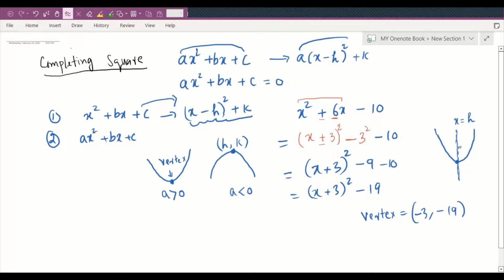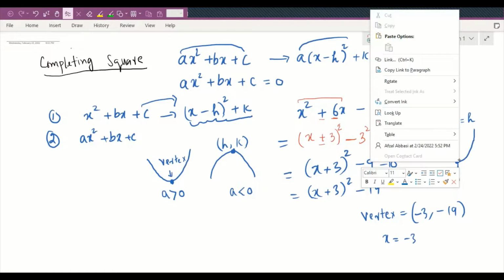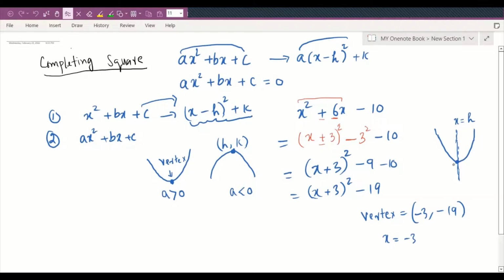In this case, our axis of symmetry will be x equals negative 3. So questions related to completing the square form help us identify the coordinates of the vertex and find the axis of symmetry for any quadratic graph. When we express it in this form, h comma k are the coordinates of the vertex, and x equals h is the equation of the line of symmetry for the parabola.